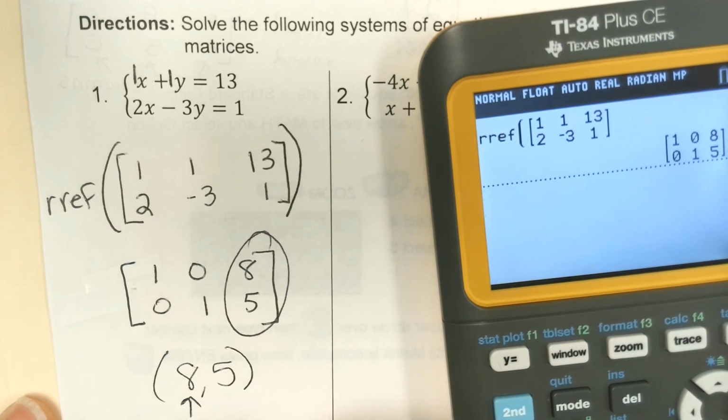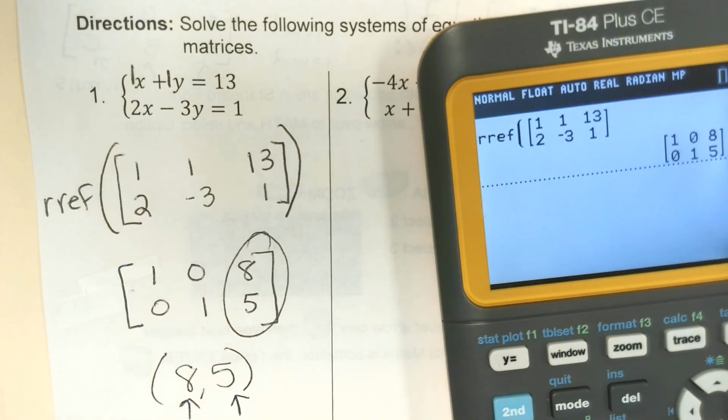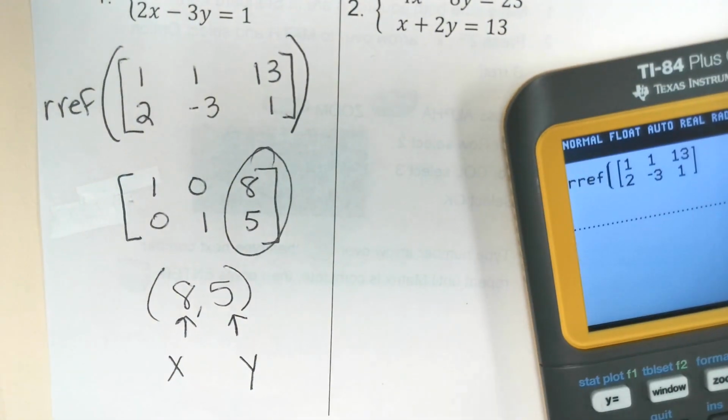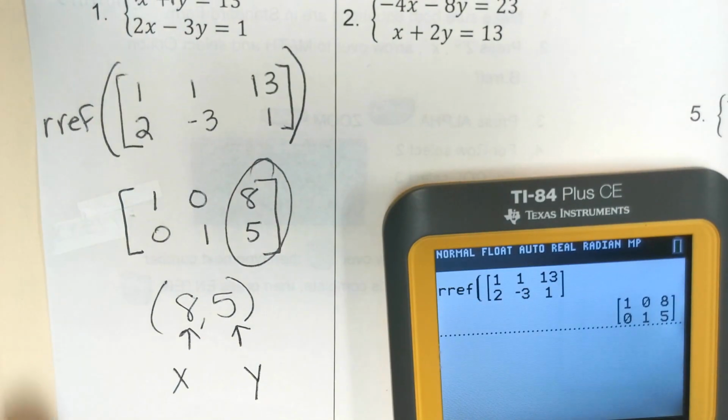X is 8. 5 is your Y. And we did the warm-up by graphing. Okay. So instead of rearranging everything, getting in and saying y equals mx plus b, graphing it, finding the intersection, we can do this and just put it straight in the calculator. It's actually pretty easy, but you're going to have to do it.